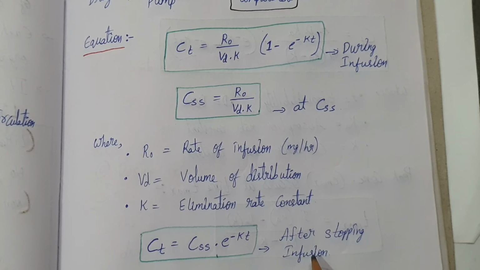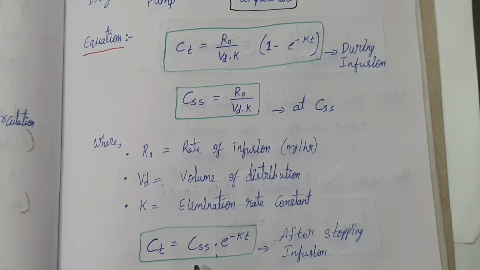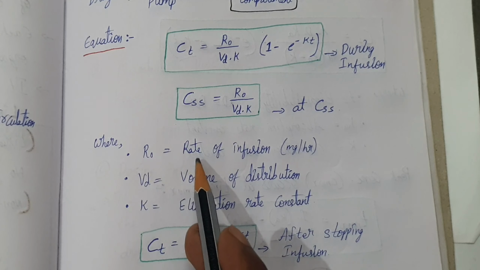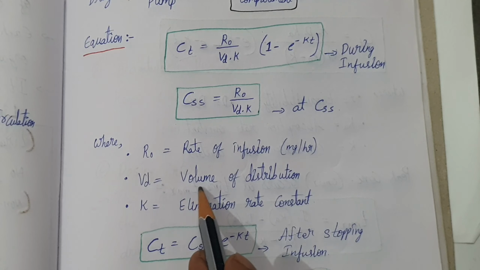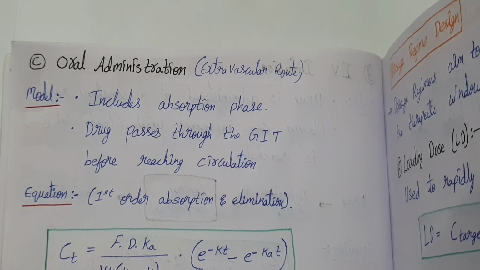And after stopping the infusion, concentration decreases as Ct equals Css into e power minus Kt. This shows how the drug concentration will decline over time, where R naught equals rate of infusion, Vd equals volume of distribution, K is the elimination rate constant.